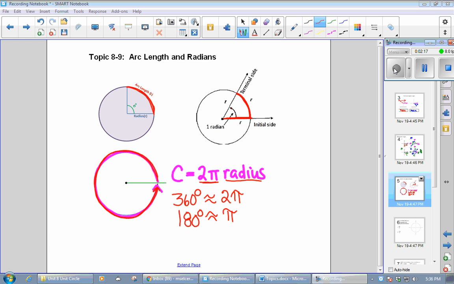If I divided 180 by 2 and go to 90 degrees, that would equate to pi over 2. And those are the numbers we're going to use. These pi numbers are going to be our radian numbers that are going to help us define angles. Okay?